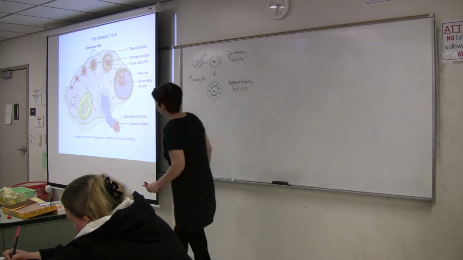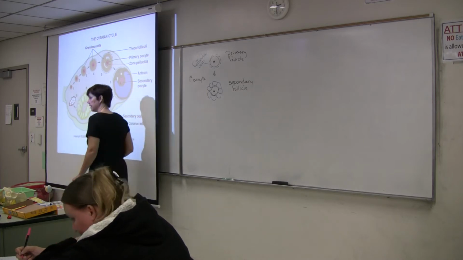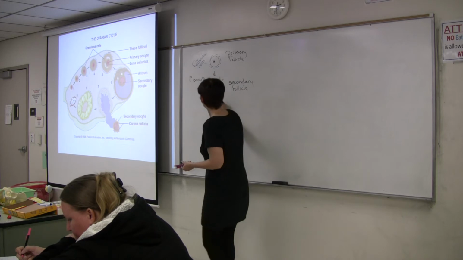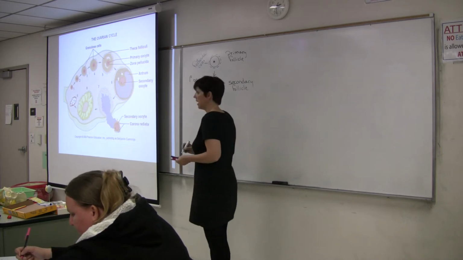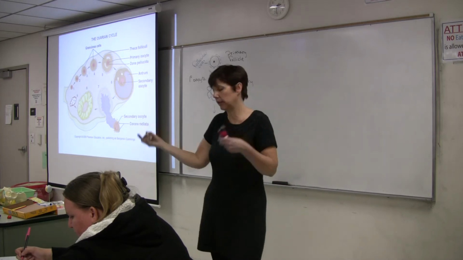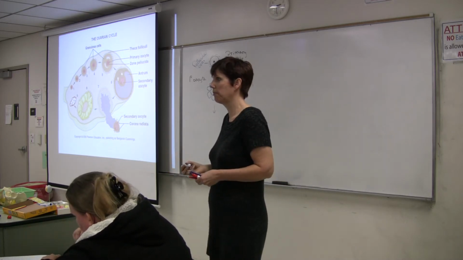Okay? So that would be this layer here, secondary follicle. Now those follicular cells begin to undergo mitosis. By the way, what's the chromosomal pattern of a follicular cell? 2N. 2N. Good.